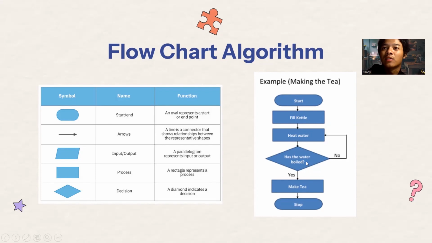make a conclusion. Like this, we have an example of making tea. From the start, we go to the next step, fill the kettle, and then heat water. And then here we have a decision. We have a conditional here: is the water boiled?